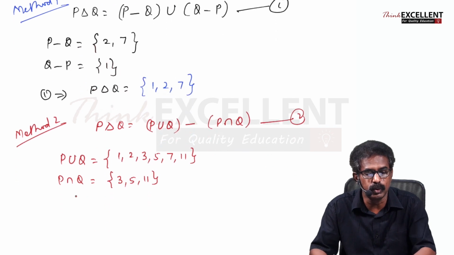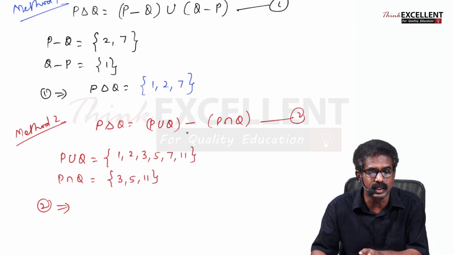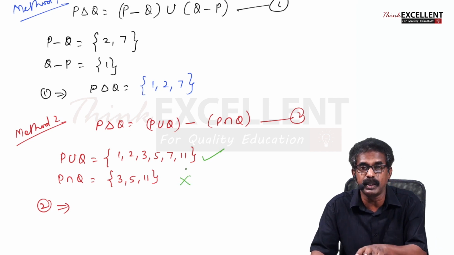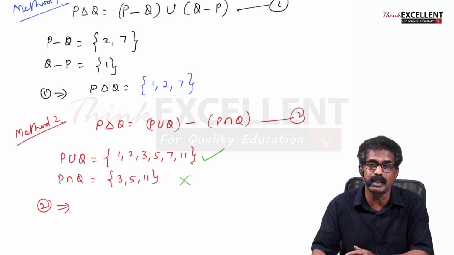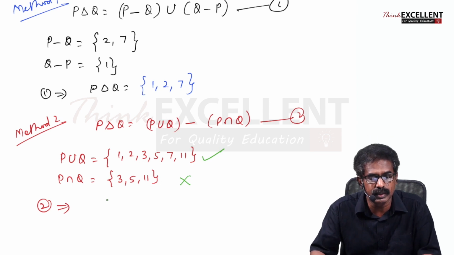Now equation 2 becomes P union Q minus P intersection Q. So the elements in P union Q, but not in P intersection Q, like A minus B, right? So tell me the elements.